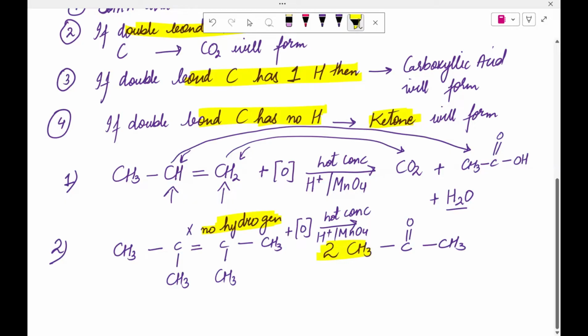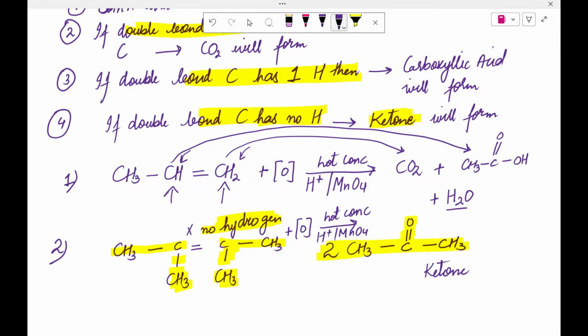Because there are two same kinds of substances attached with this double bond. Is that clear? So this is basically a ketone, with the carbon here. We just need to remember this thing.